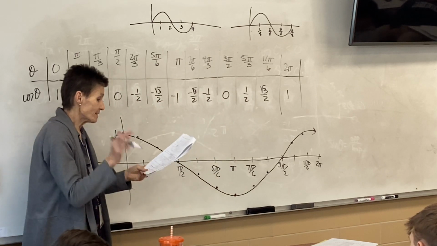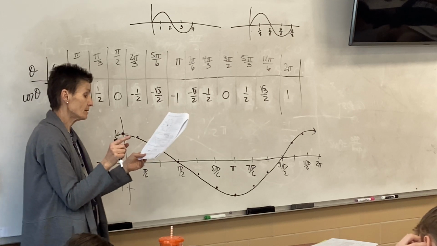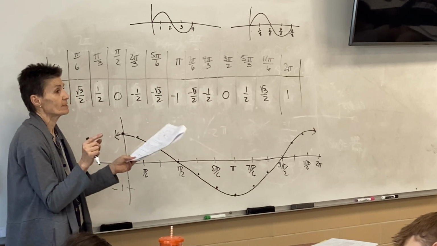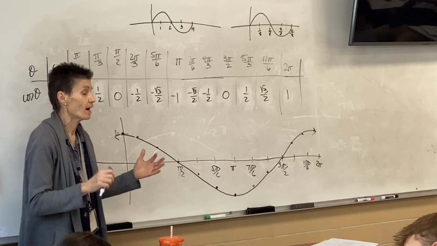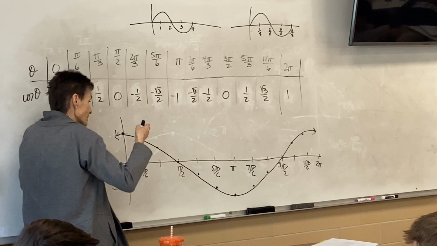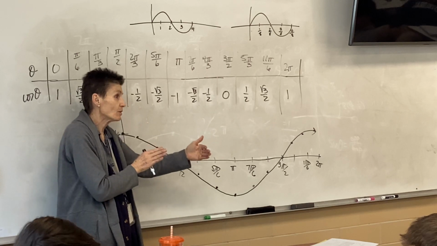Okay. A sinusoidal function is any function that involves additive and multiplicative transformations of these curves of the sine. The cosine is sinusoidal because a cosine is a moved sine curve.